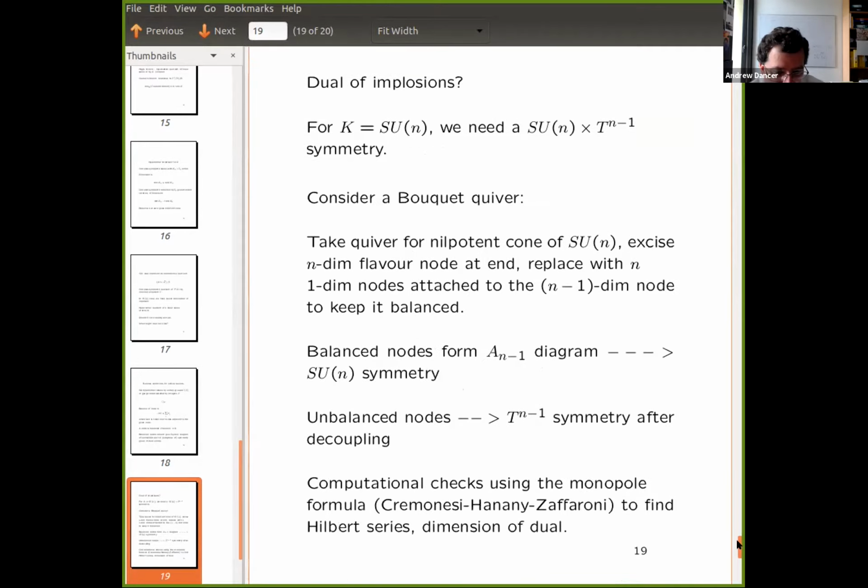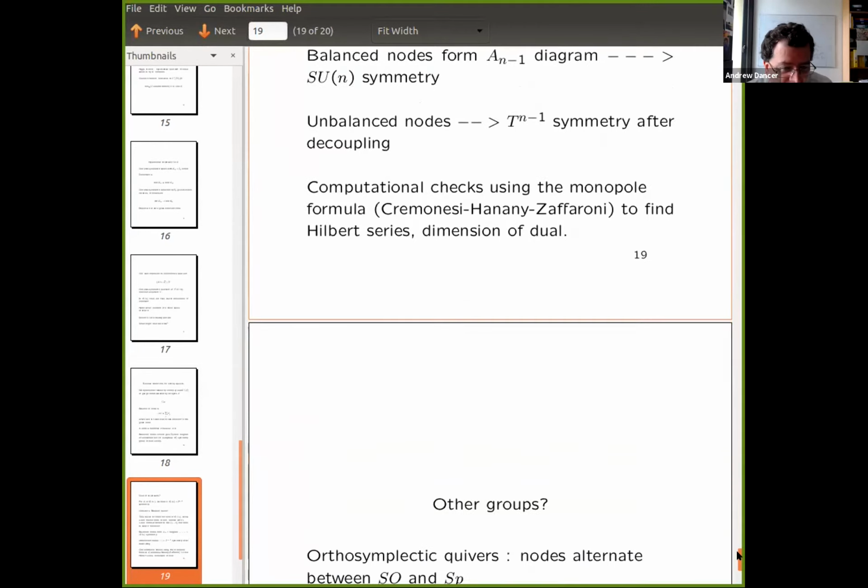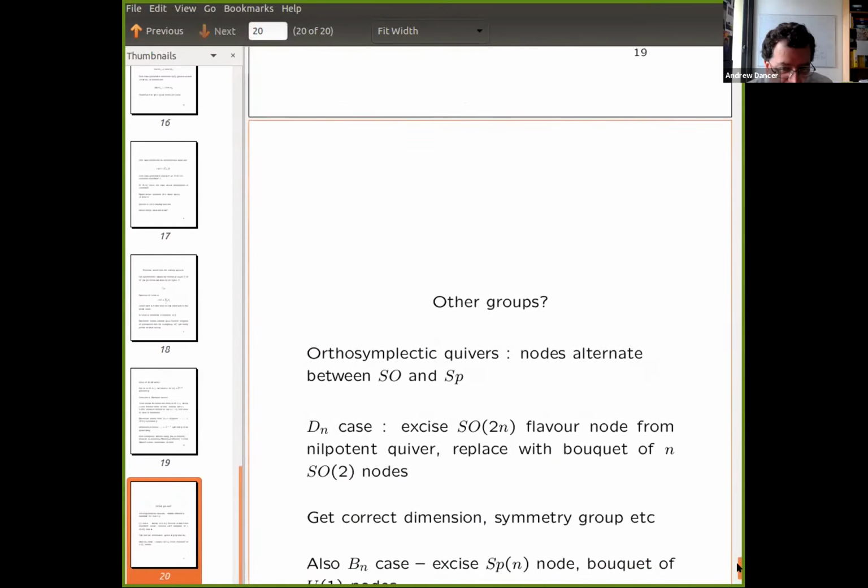In particular, the monopole formula that I talked about in his talk enables us to compute things like the Hilbert series, the dimension, the symmetry group of the dual, and everything works out correctly. And there are certain special cases like the N=3 case, which give you nice cross checks as well. So this gives us a good candidate for the dual of the implosion for SU(N).